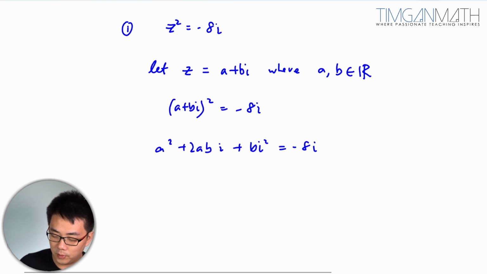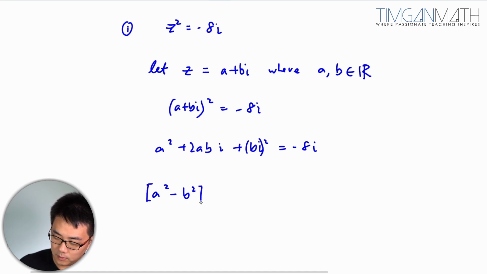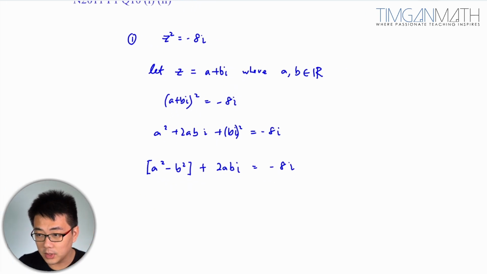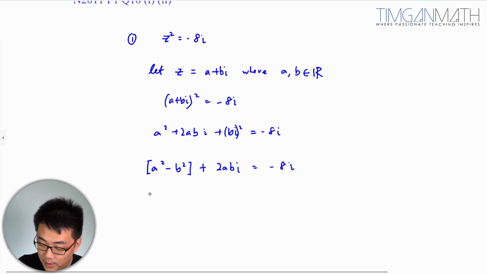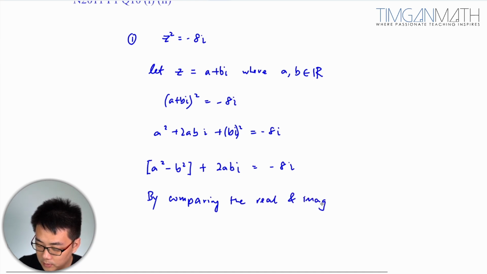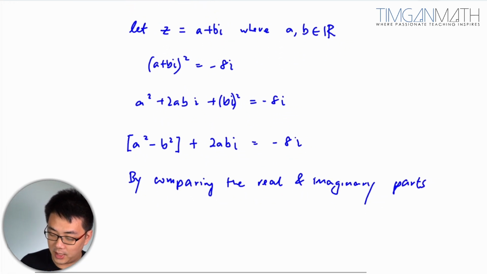We group the real and the imaginary parts together: a squared minus b squared plus 2abi equals minus 8i. From here, we compare the real and imaginary parts.